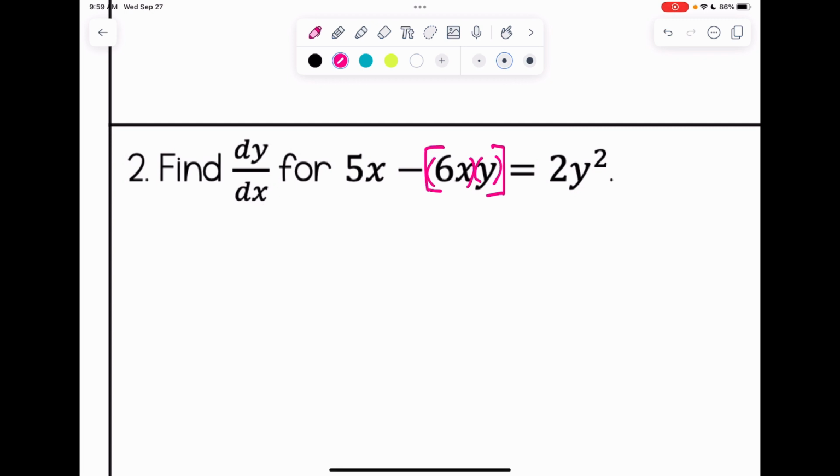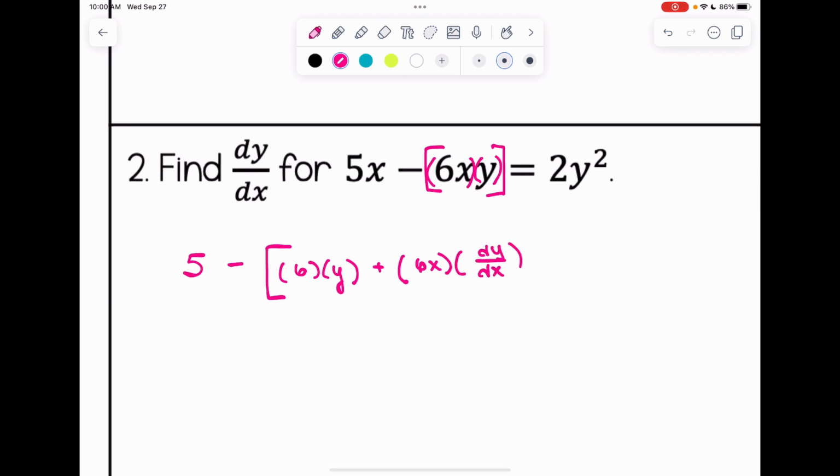All right, now that we've established that, let's take our derivatives. The derivative of 5x is simply 5. If there's no y term, you're going to take your derivative the way you normally would. Minus, and now we're going to find the derivative of 6xy using the product rule. So it's the derivative of the first function, the derivative of 6x is 6, times the second, plus the first function, 6x, times the derivative of the second, that's dy/dx.